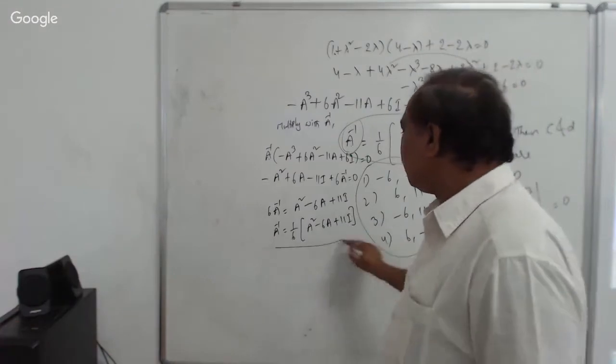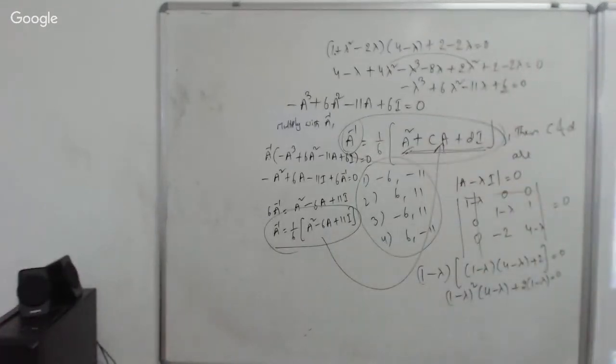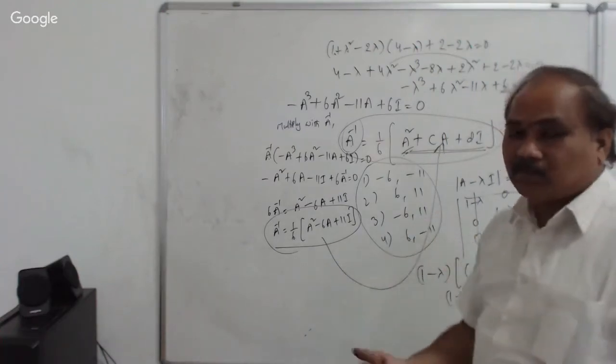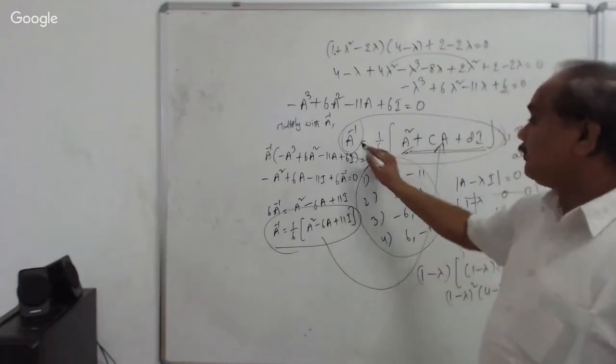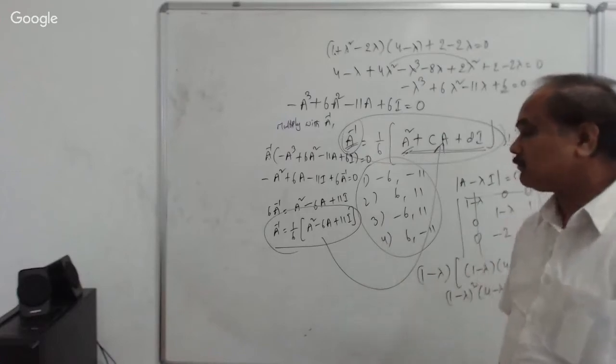Now you can compare this result with this. If you practice it a number of times, you will get the answer within 2 minutes. Of course, if you go for the regular method, it is very lengthy and also boring.